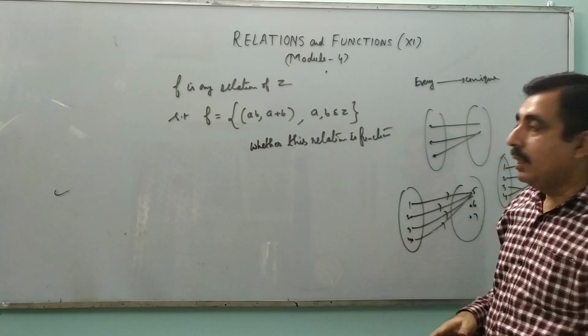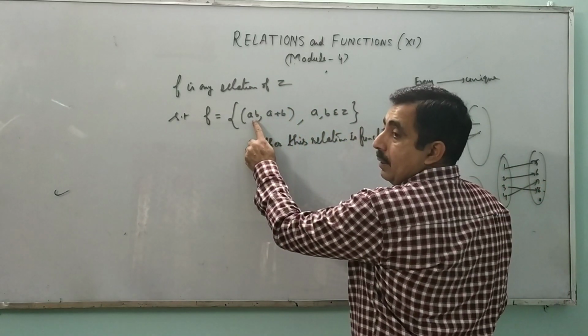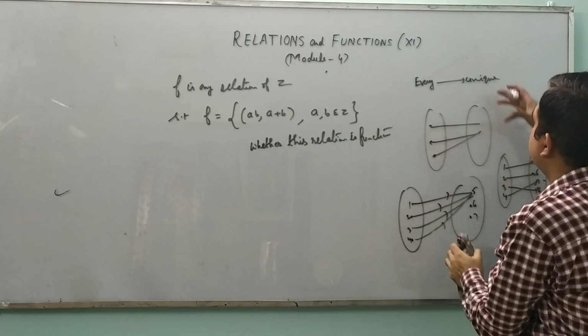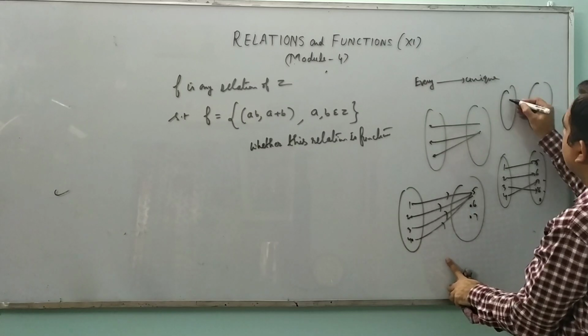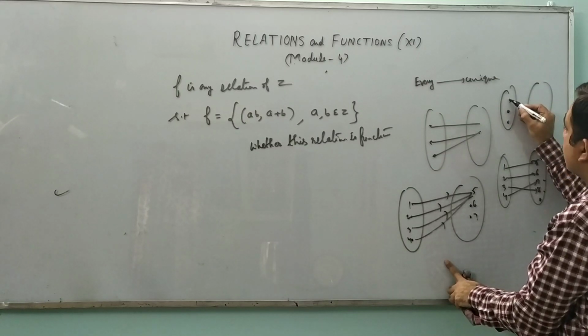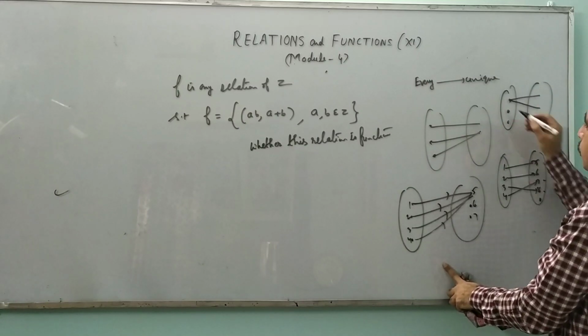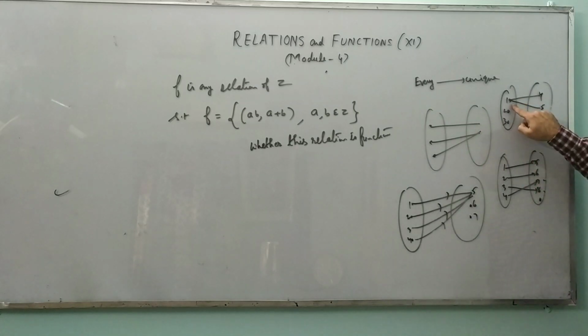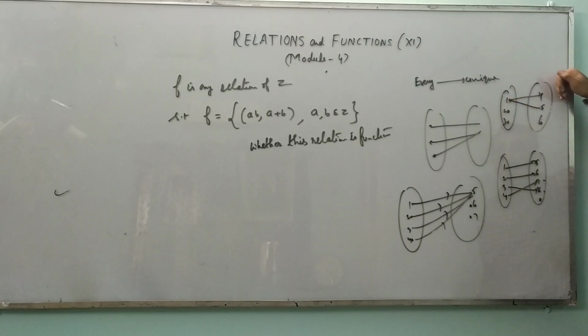We have to check whether every element has a unique image. If any number from the domain has two images, suppose 1 is related with 4 and also with 5, then it is not a function.